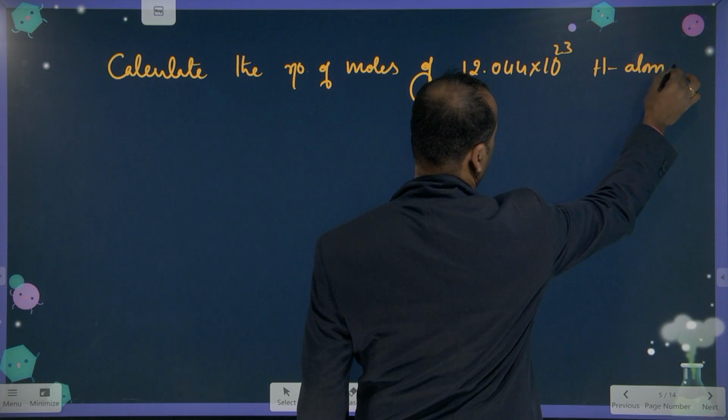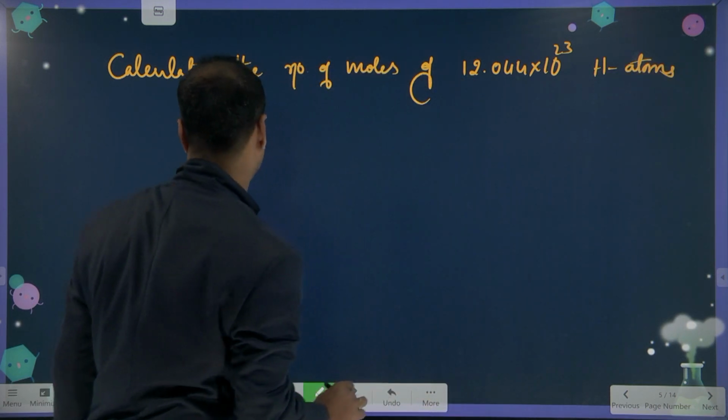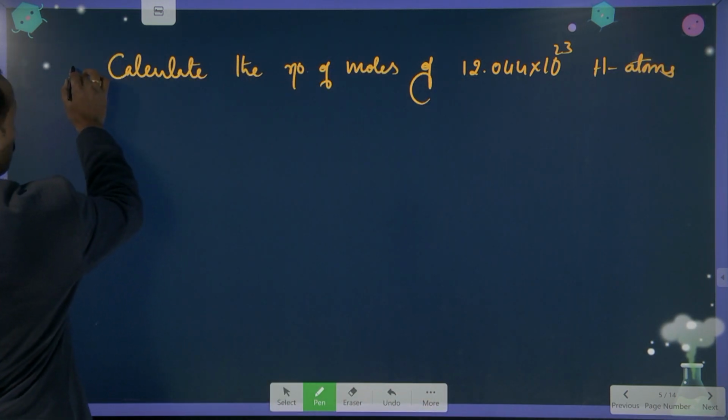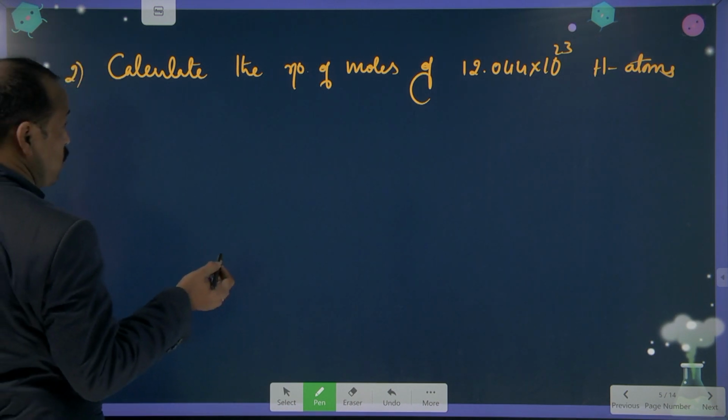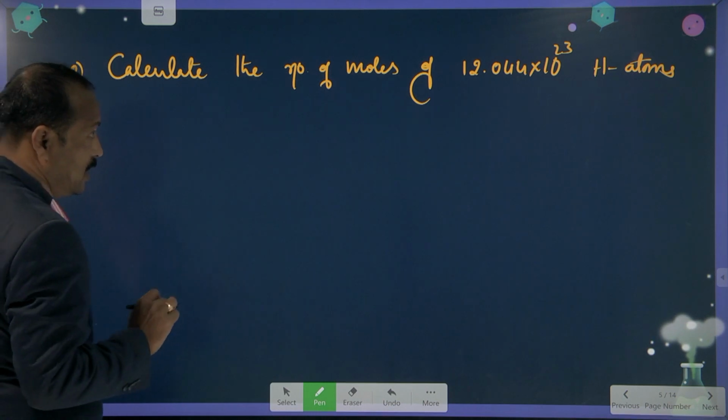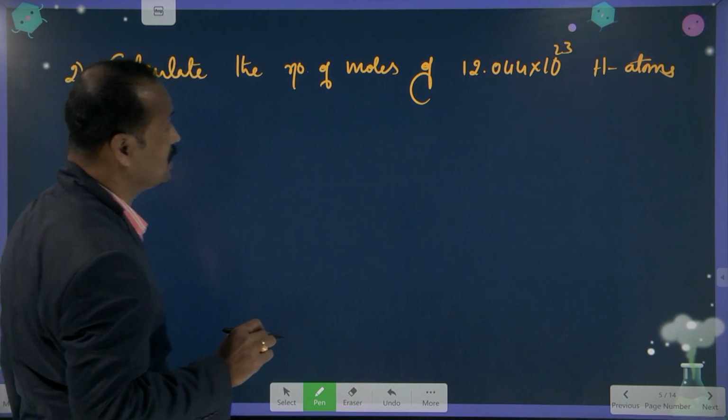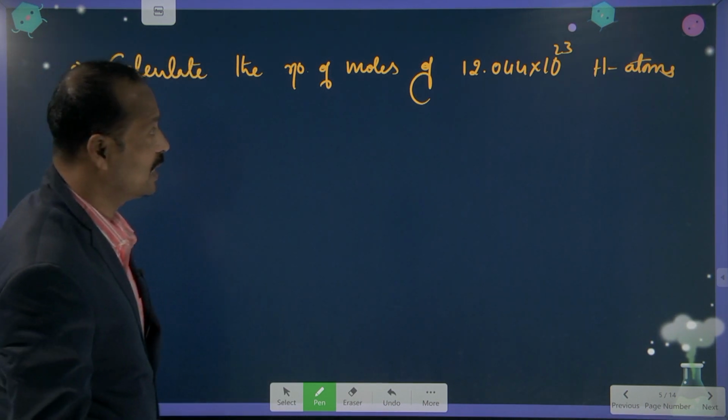Like this, I give one question to you. Think, okay? Calculate the number of moles. I'm asking to calculate the number of moles of 12.044 into 10 to the power of 23 hydrogen atoms.